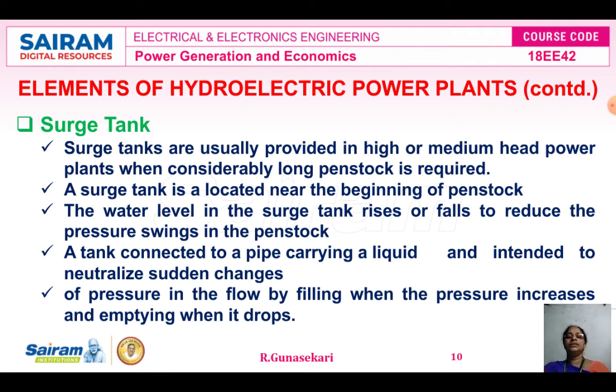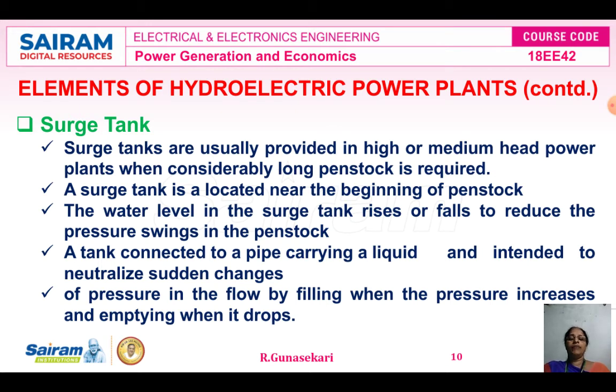Then the surge tank. Surge tanks are usually provided in high or medium head power plants only, where a considerably long penstock is required. Whenever a long penstock is required for a hydroelectric power plant, we use the surge tank. A surge tank is located near the beginning of the penstock. We already saw it in the schematic diagram, the general layout of the hydroelectric power plant.